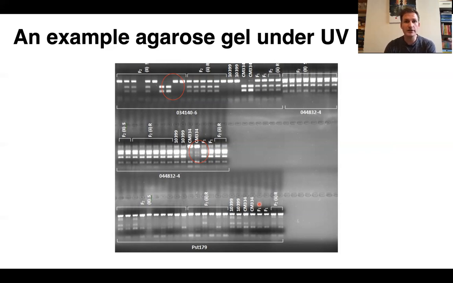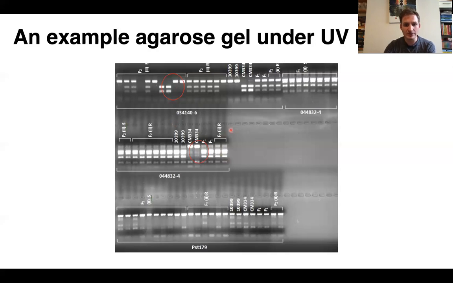Another common one is SYBR Green, which fluoresces under blue illumination, but UV also works. And that is a way of identifying areas in that gel matrix where DNA is present.